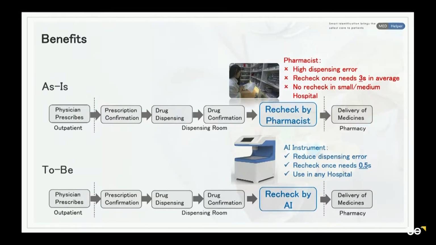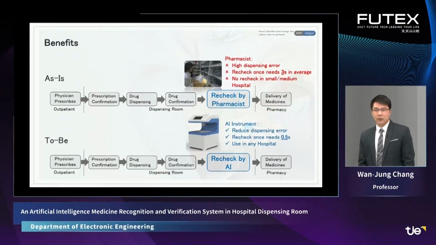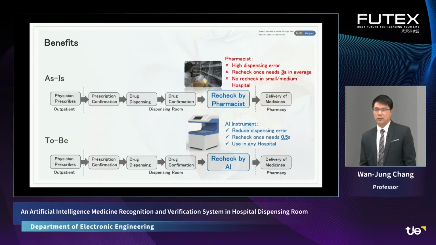The most important problem is that in small and medium-sized hospitals, there are no pharmacists for drug recheck in the dispensing room. So our MedHelper can overcome these issues, since the drug recheck is done by the AI drug recognition device with only around 0.5 seconds for one drug recheck. So it can be suitable for use in hospitals' dispensing rooms to effectively reduce the error rate of drug dispensations.